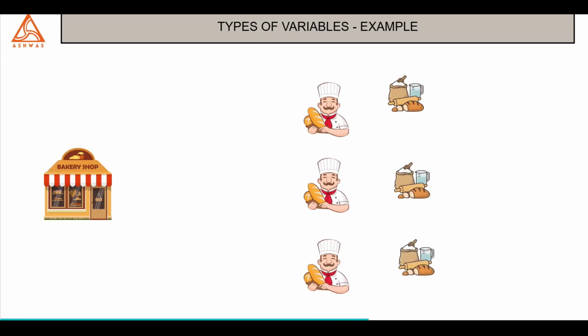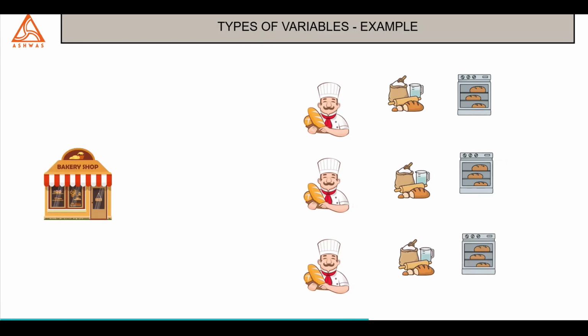Once the supply is ready, the baker uses only his supply to bake the number of bread loaves. The bakers cannot share their raw materials with each other. So the raw materials that every baker uses are very personal to the function of baking a bread loaf.